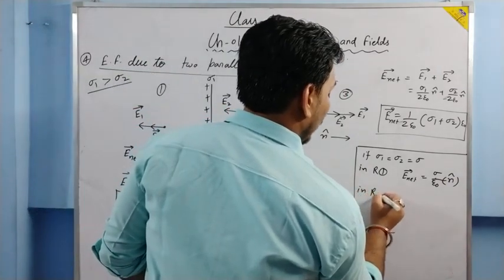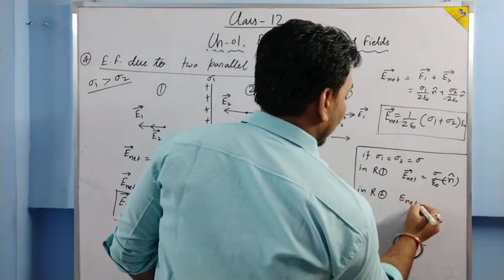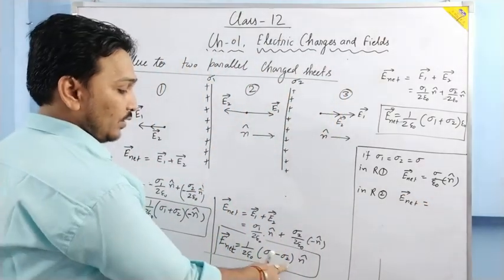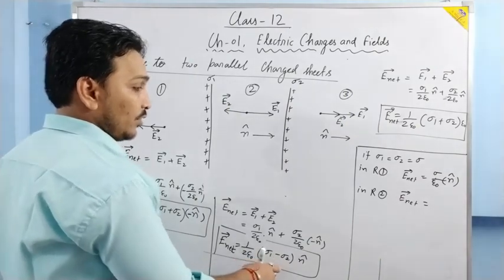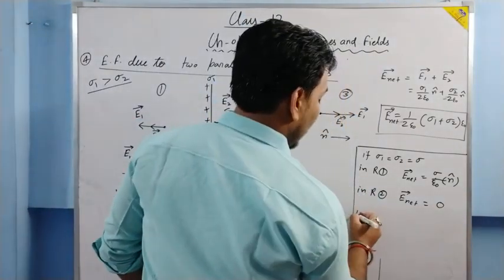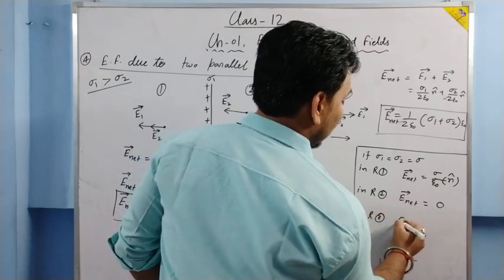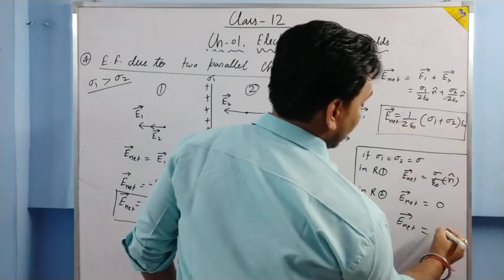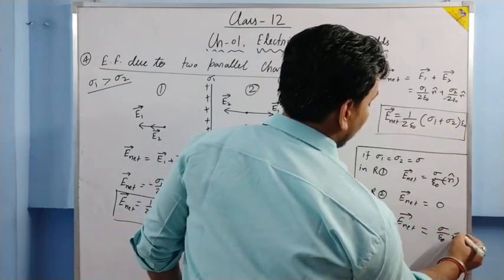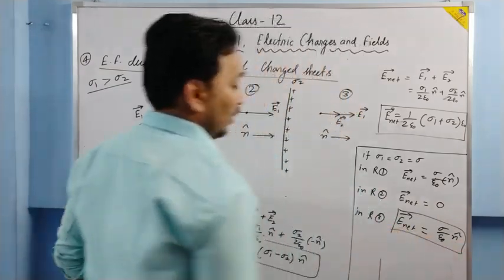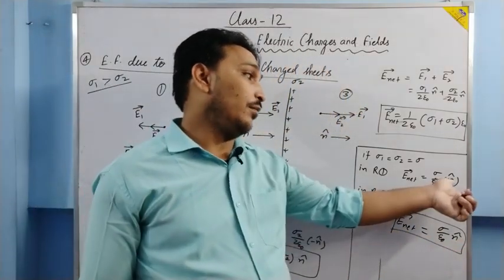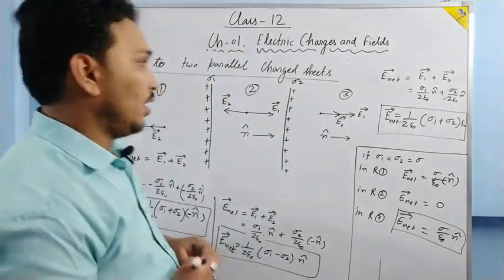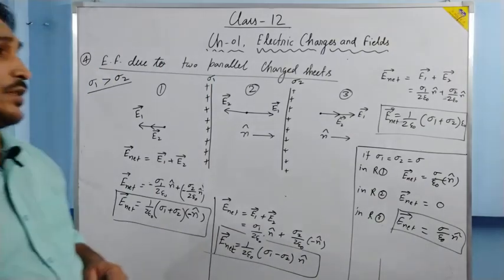In region 2, since sigma 1 and sigma 2 are equal, it becomes 0, E net will be 0. And in the third region, 2 sigma, 2 and 2 cancel out, electric field will be sigma upon epsilon naught n cap. The difference between region 3 and region 1 is minus n cap and n cap. The direction of electric field is just opposite. So these are the total expressions.